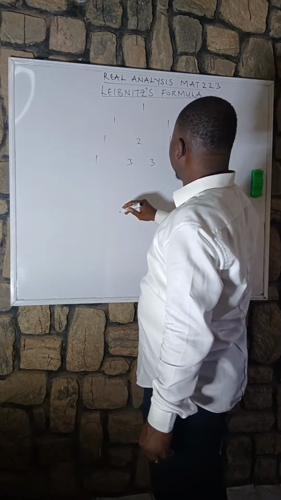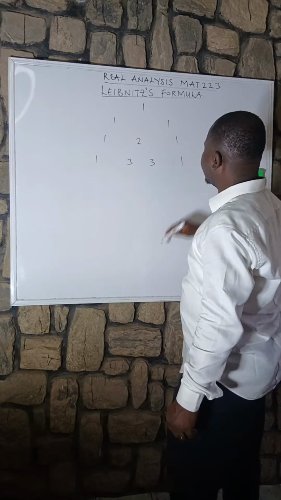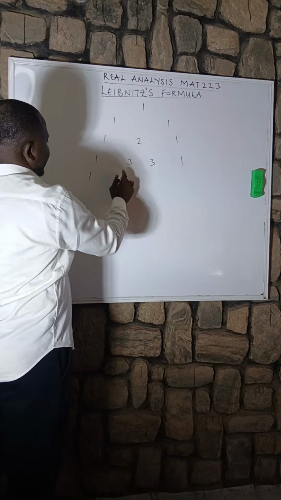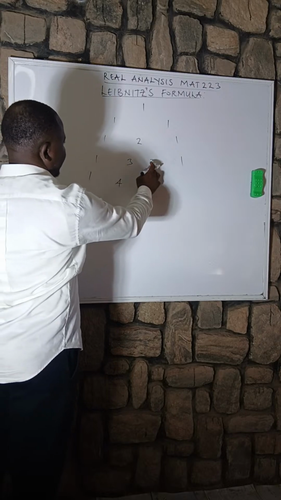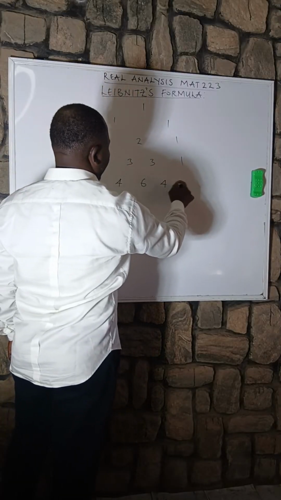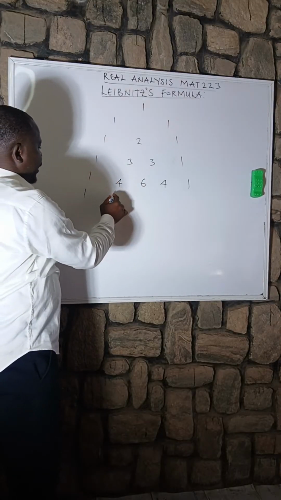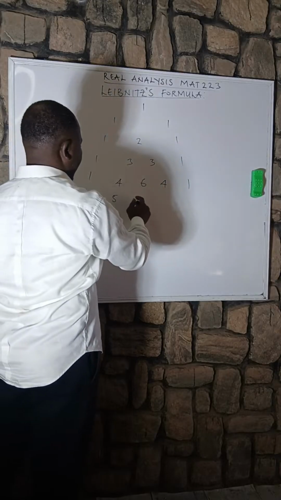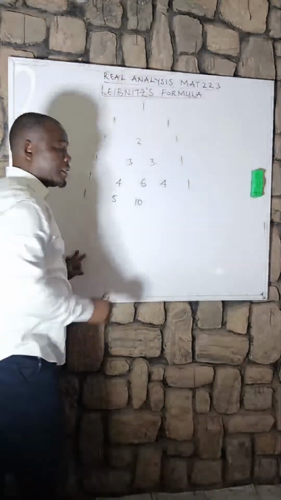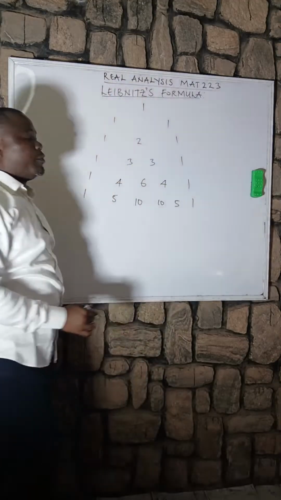Then 1 plus 3, 4, 3 plus 3, 6, 3 plus 1, 4. Then 1. So 1 plus 4, 5. 4 plus 6, 10. 6 plus 4, 10. Then 4 plus 1, 5. 1. Okay, let's stop here.